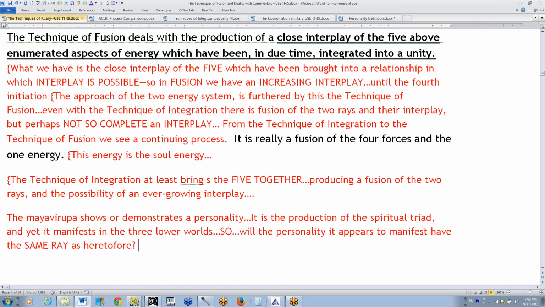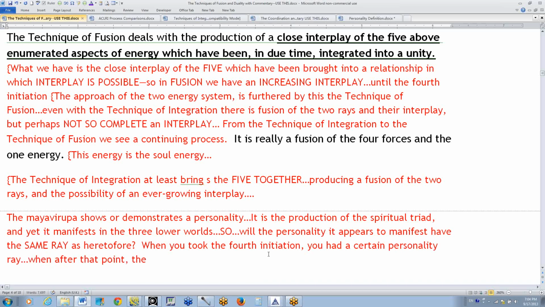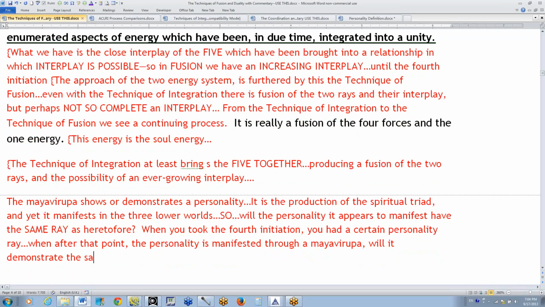That's an interesting question. Suppose you had a certain ray. Let's say you had, when you took the fourth initiation, a certain personality ray. When, after that point, the personality is manifested through a Maya Virupa, will it demonstrate the same ray qualities as it had when the fourth initiation was taken?